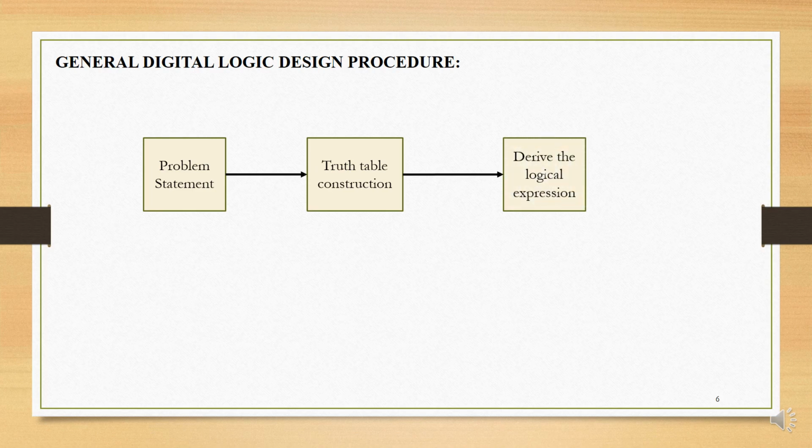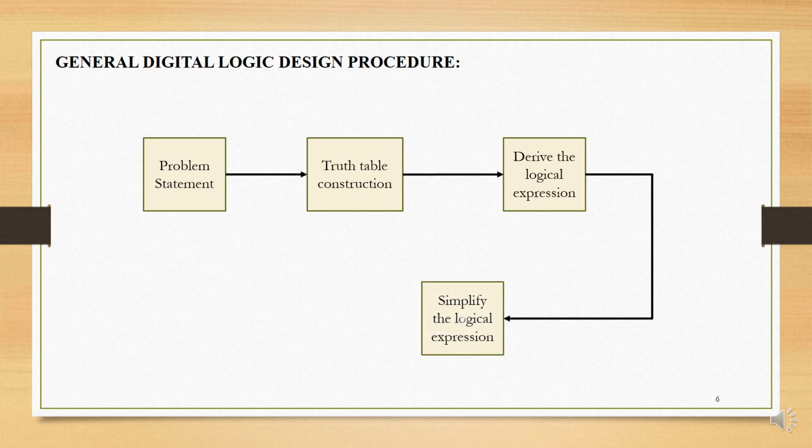Next comes deriving the logical expressions from the output column of the truth table. After deriving the logical expressions, they can be represented in different types of digital expressions. It need not be a single form. It can be represented in different forms. Then the next step is the simplification of the logical expression.